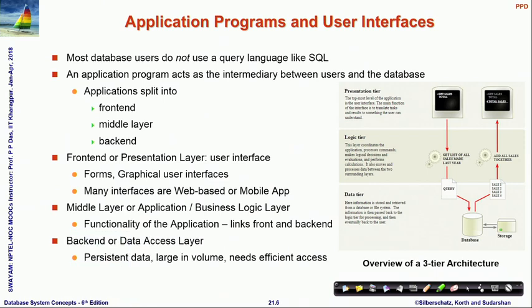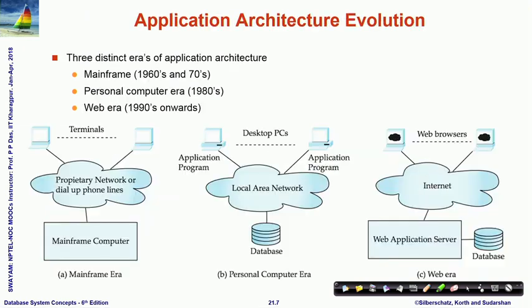The back end is the data access layer, where the persistent data, the database that we have created, exists. It is typically large in volume and needs efficient access. In this module we will try to understand the different requirements and technologies involved in creating such a layered application.